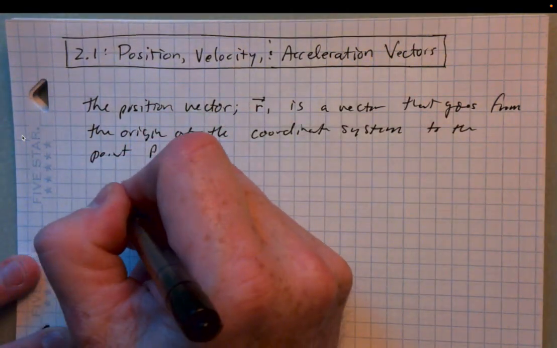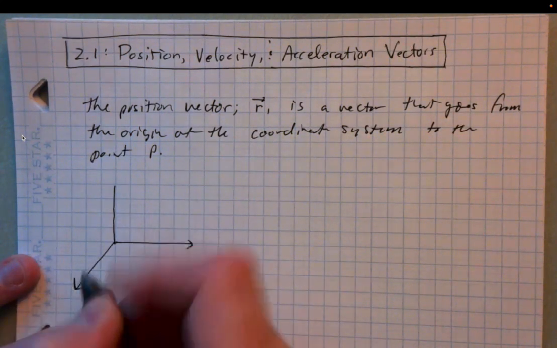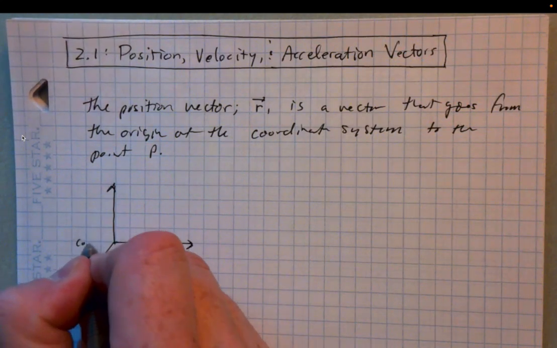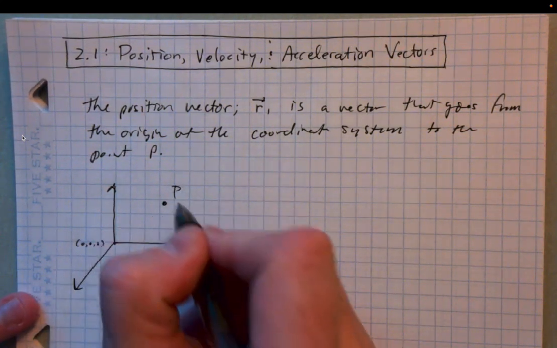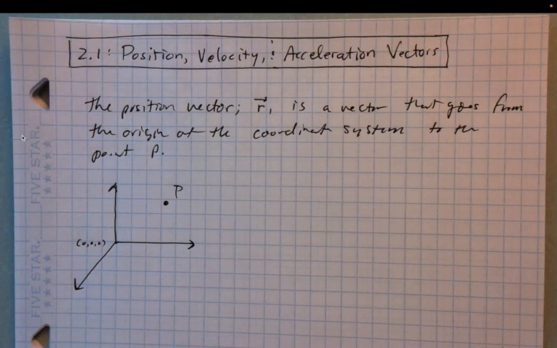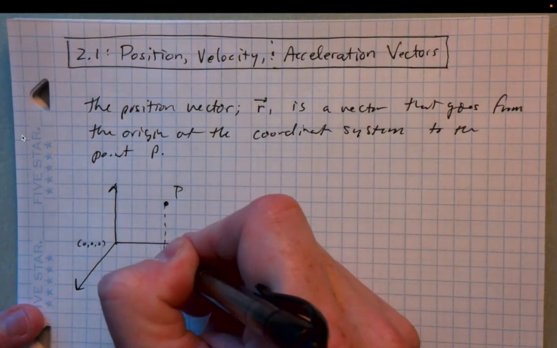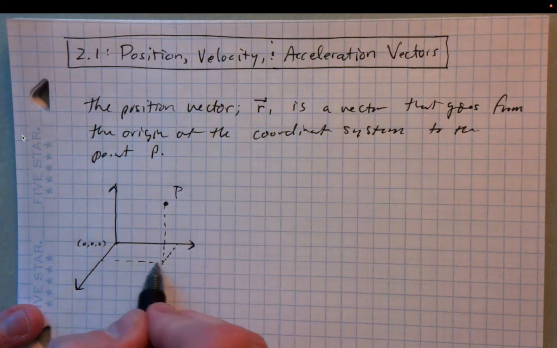So let's draw a little example here. I've got my XYZ coordinate system, and so I've got 0, 0, 0 here. And let's say I've got an object P located somewhere in this space, and let's say P is located like this.